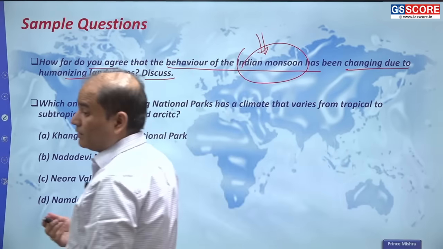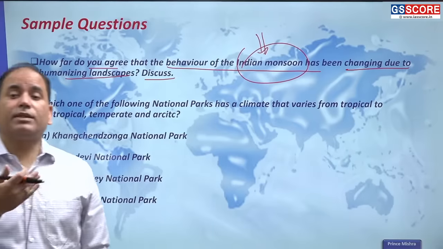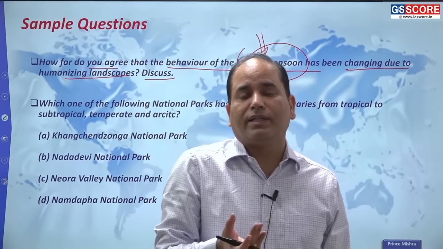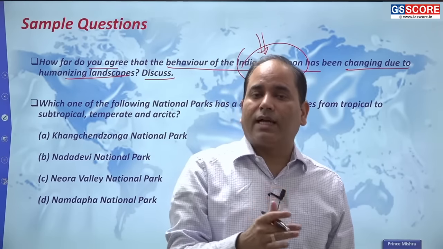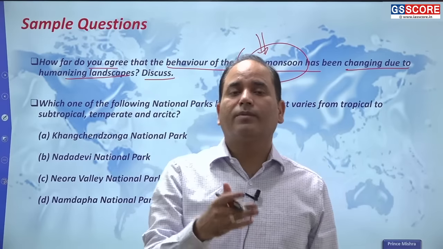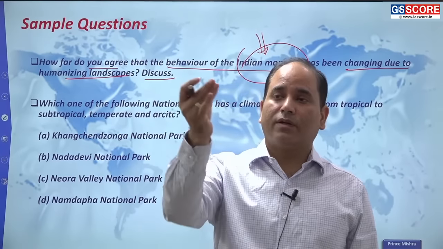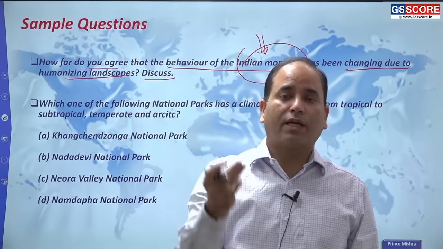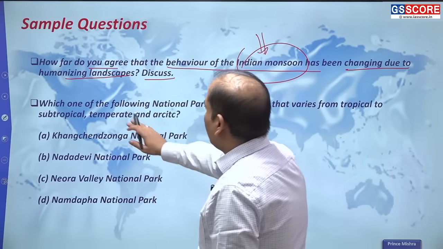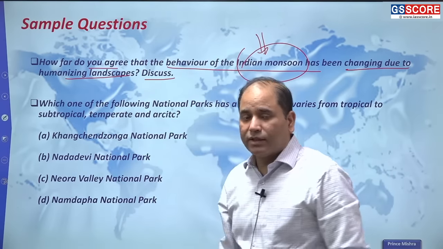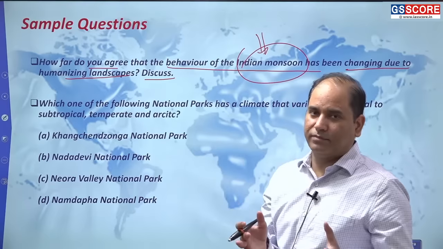But along with that, they will also try to incorporate some contemporary nature, some recent development in the monsoon. So not only the static part, you are also supposed to study some recent developments of monsoon, that is what are the different mechanisms of forecasting of monsoon, what is this monsoon mission, so that we will also study.